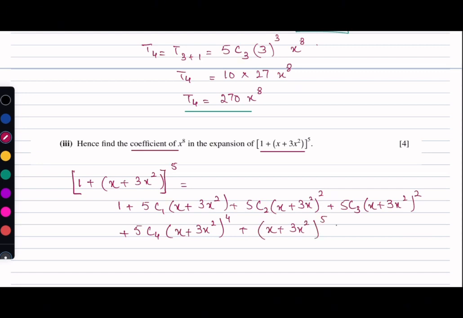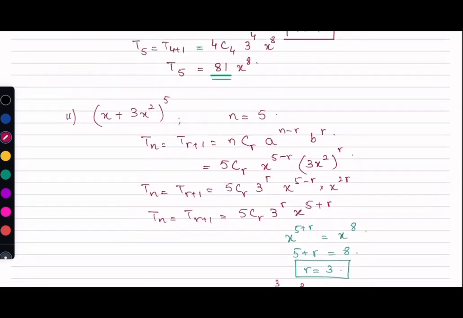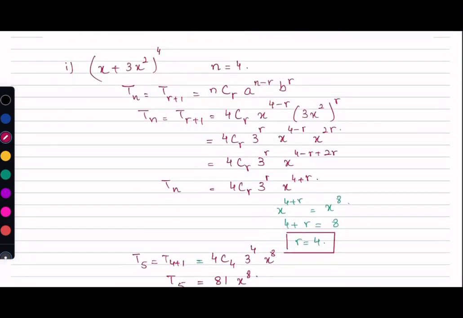Now the reason why I have done the entire expansion here is to make you understand that we have already expanded our terms for (x plus 3x squared) to the power 4. That actually gave us the coefficient, which was 81 x to the power 8.